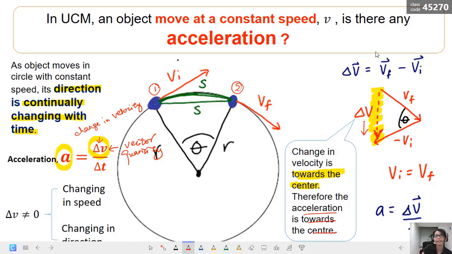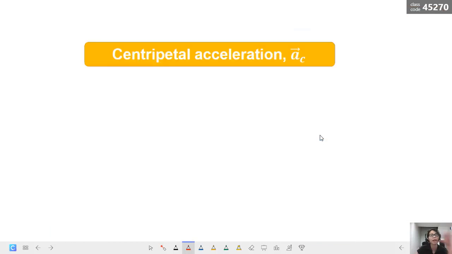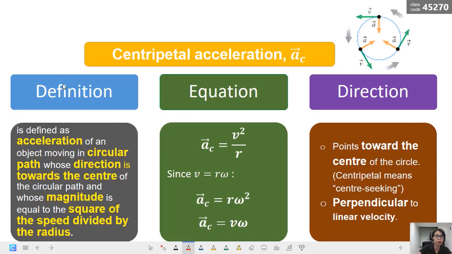So is there any acceleration for an object that moves at constant speed in uniform circular motion? Yes, we have acceleration, whereby the direction is always towards the center. That's why, because the direction of the acceleration is always towards the center, we give it a special name. We call it centripetal acceleration, a_c.